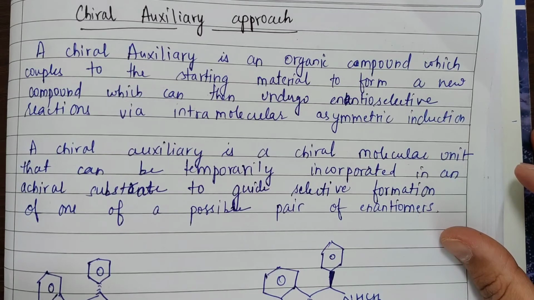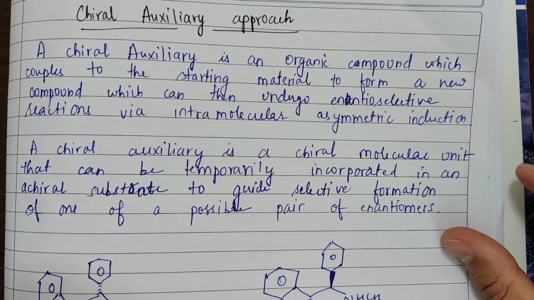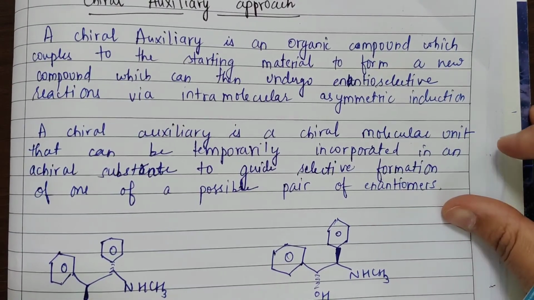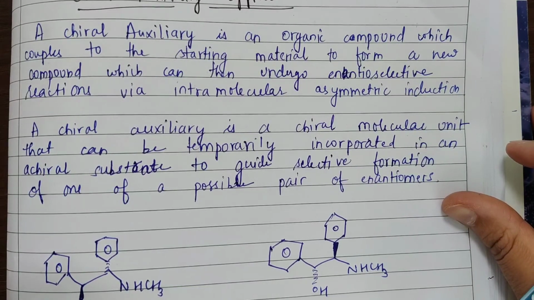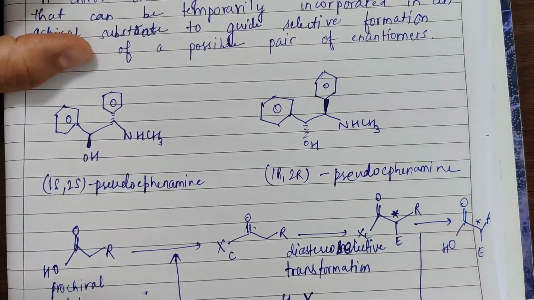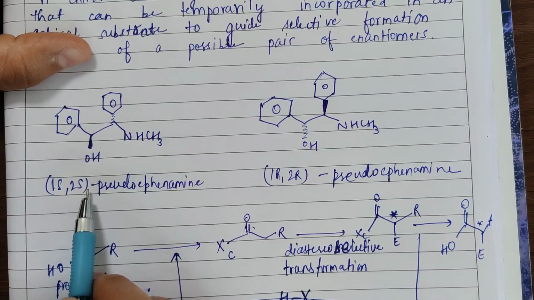So what happens? We temporarily incorporate the chiral auxiliary molecule in our achiral substrate and then guide the selective formation of one of the enantiomers, and then remove the chiral auxiliary substance. I have written down the examples of chiral auxiliary compounds.